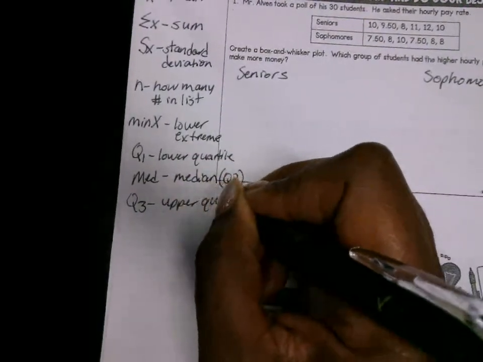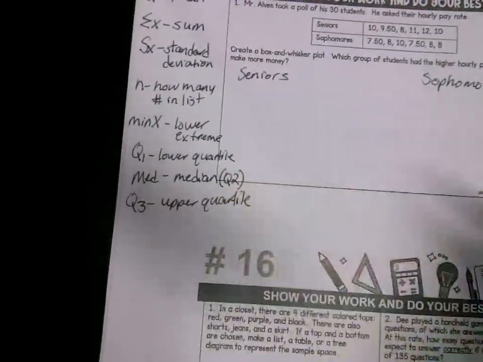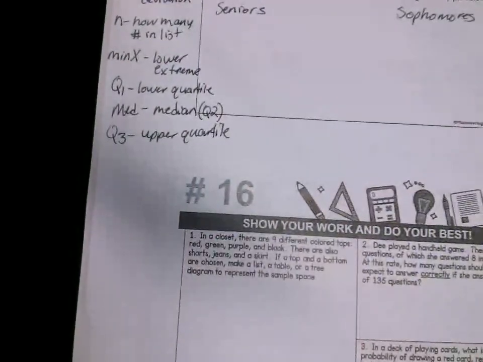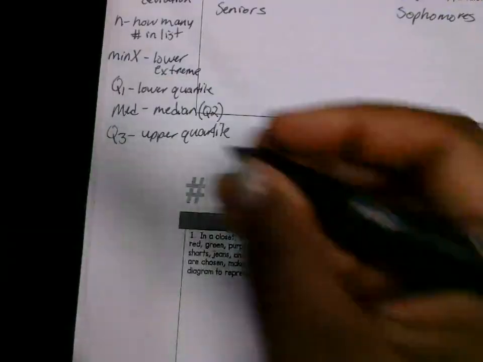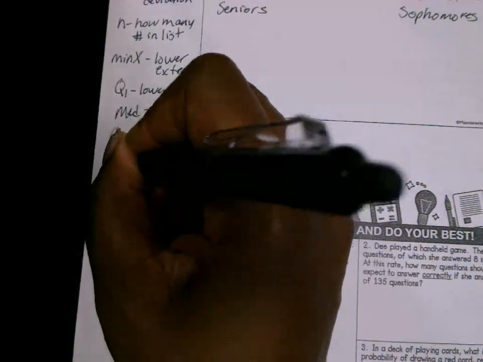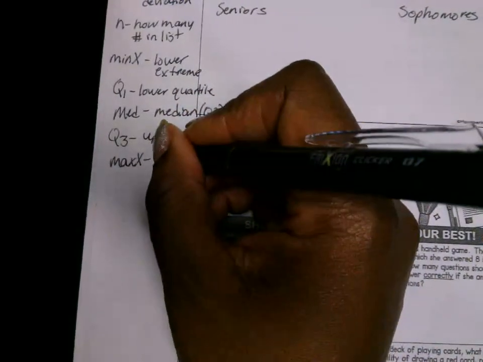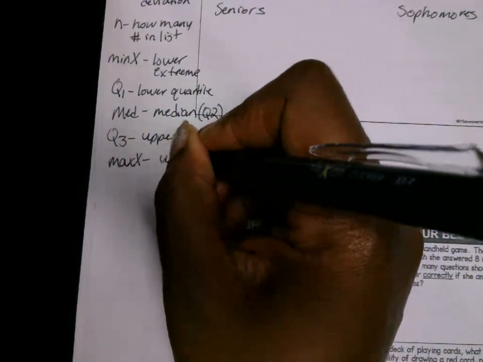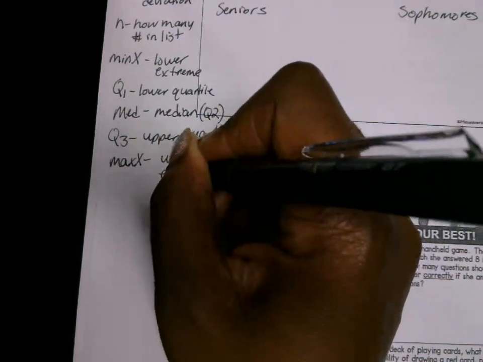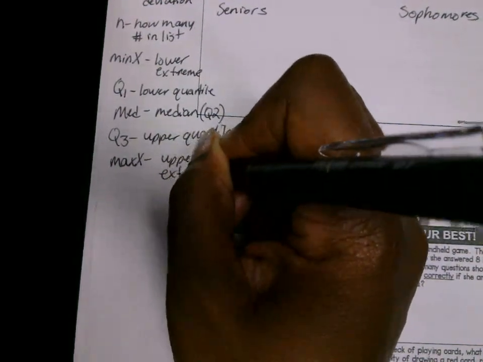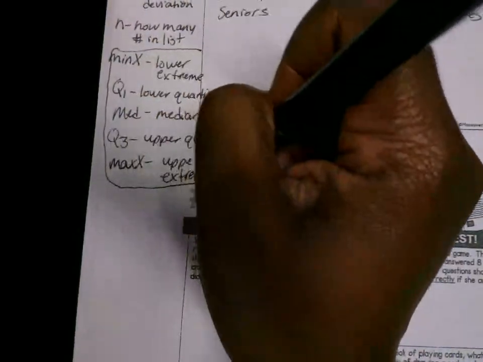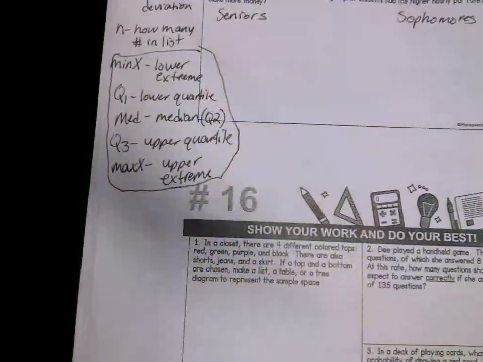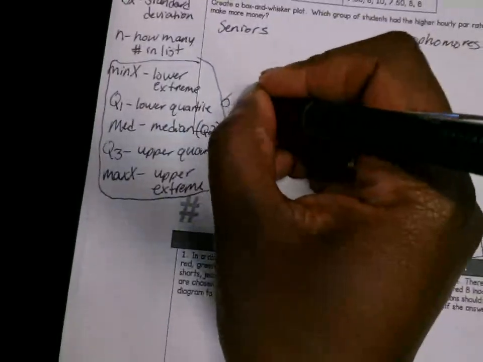Good job. Your upper quartile. Press the down arrow. What do you see? What do you think max X is? Upper extreme. This is your 5-number summary. These values right here. These are the values that you need for your box and whisker plot.